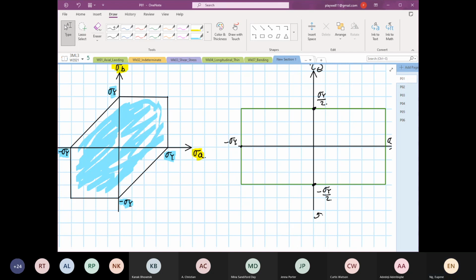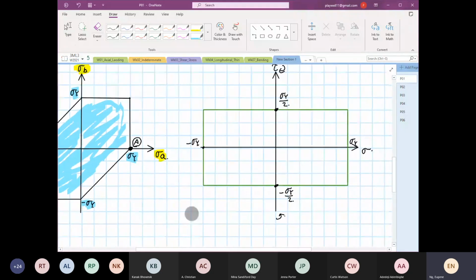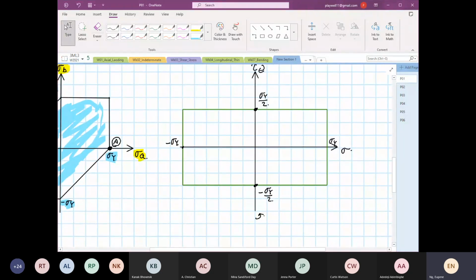I'll call this condition number A. Condition A states that stress A is at its tensile yield and stress B is at 0. So if I were to draw the circle now, this is our stress A circle, or condition A Mohr's circle.